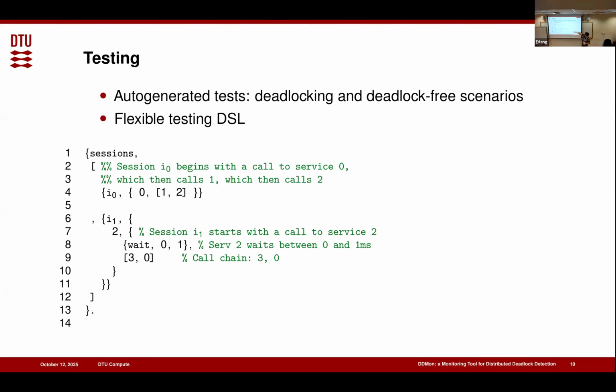For example, here we have 2 sessions. I0 begins with some initiated process number 0. Then there's a call performed to process number 1, which then calls process number 2. And then they would just receive replies in the opposite order.